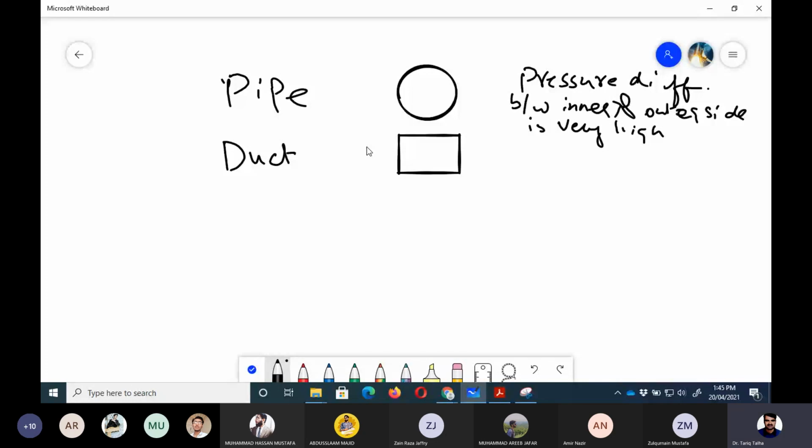And secondly, it is very easy to hang it on something, and aesthetically it looks very good. So that's why we use ducts when we talk about air conditioning and refrigeration applications, right?